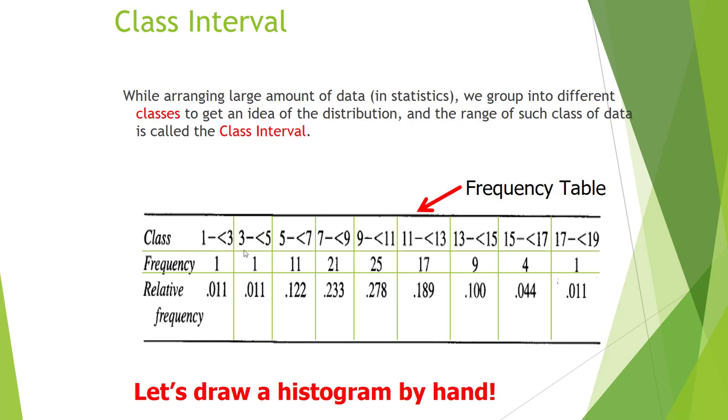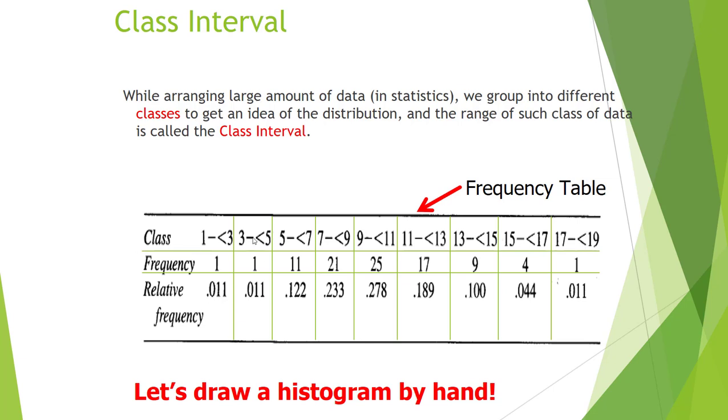Second class, energy consumption between 3 and 5, larger than 3 but smaller than 5, and so on. So I have 9 classes, or to use a more common word, 9 categories. But I would say I use classes.